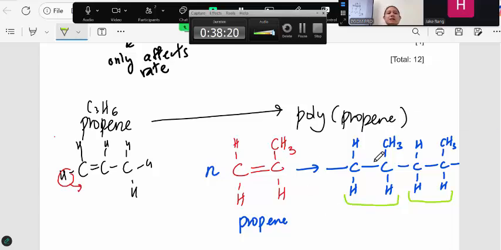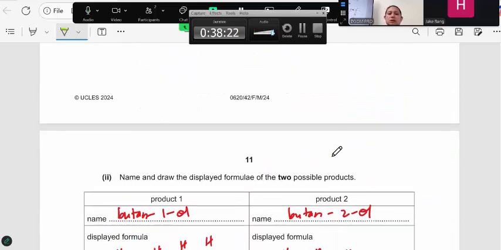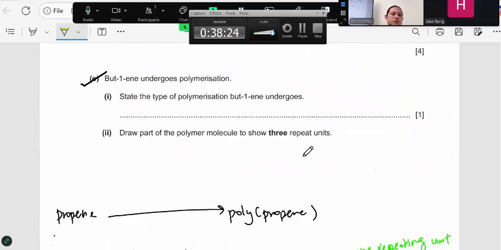Okay. Do this one. Done? Done with this? Okay, do this one. Do this one, then we're going to do another question on salts.